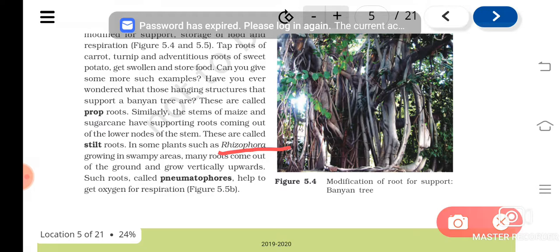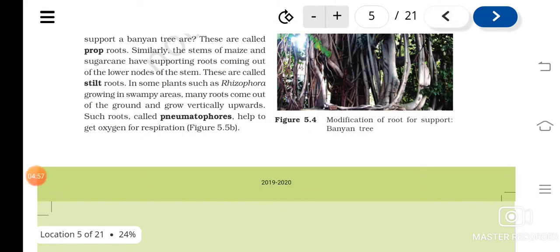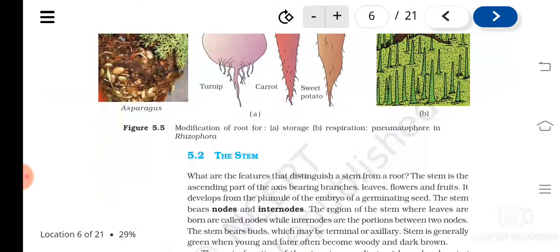In this, you can see some roots come up, and these kind of roots are known as pneumatophores. So what are pneumatophores? The roots which help in respiration.